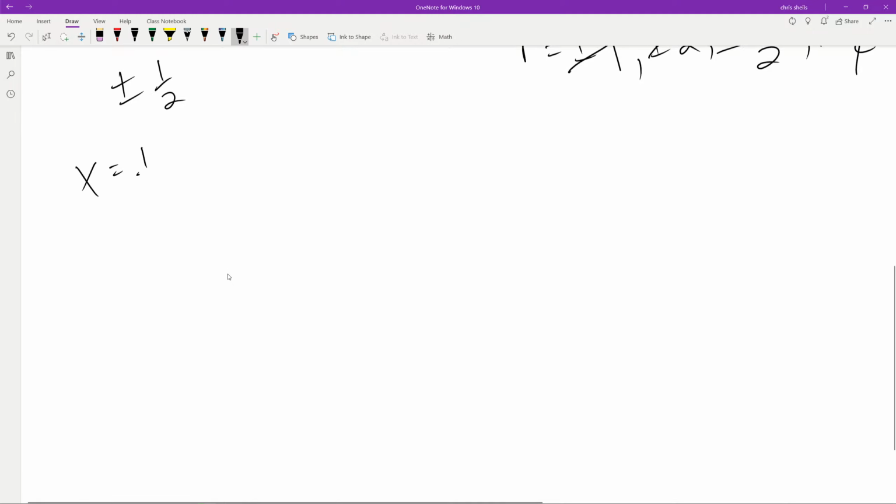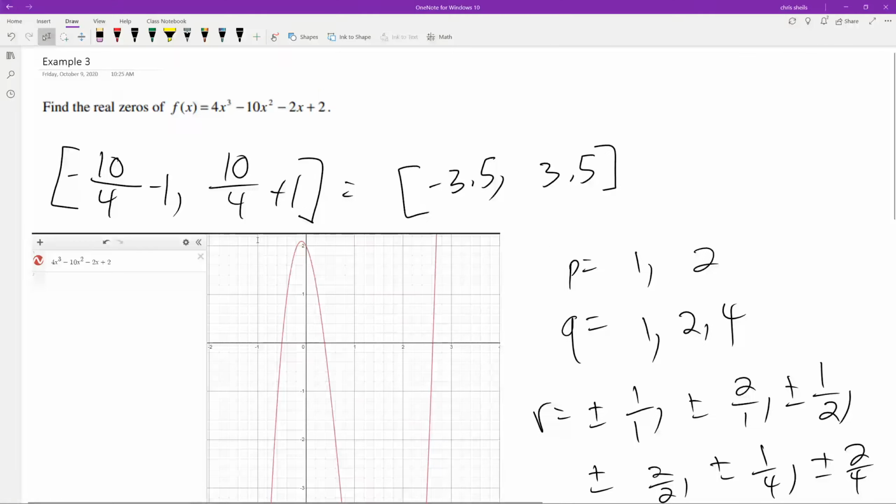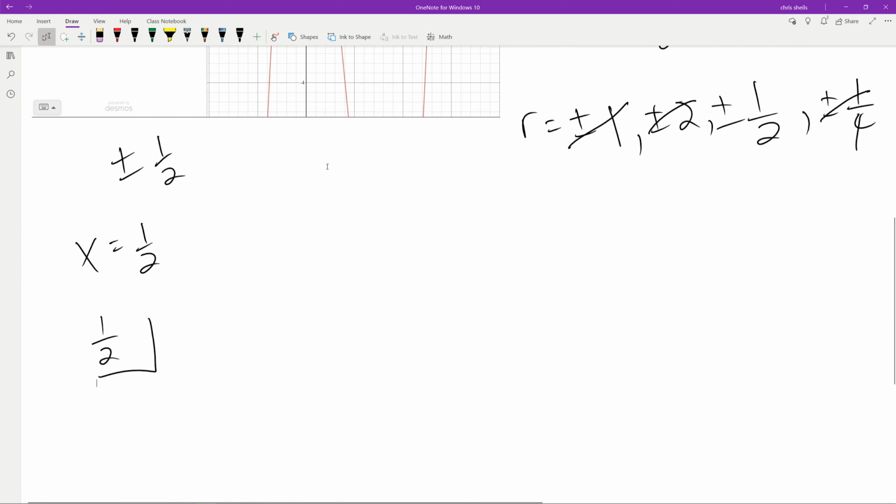Let's go ahead and say x equals 1/2. 1/2 goes in the box. My polynomial is 4x cubed minus 10x squared minus 2x plus 2. So these coefficients are 4, negative 10, negative 2, and 2.